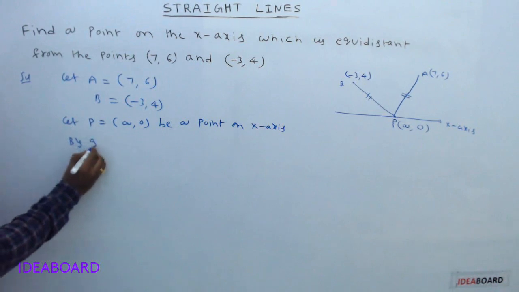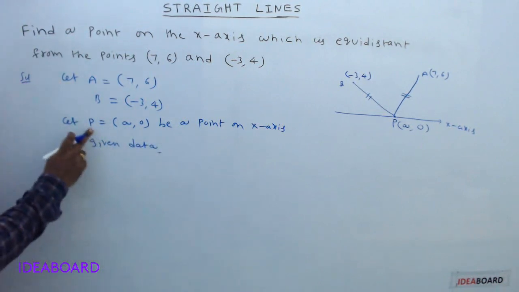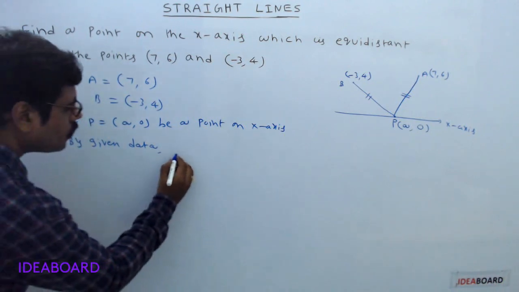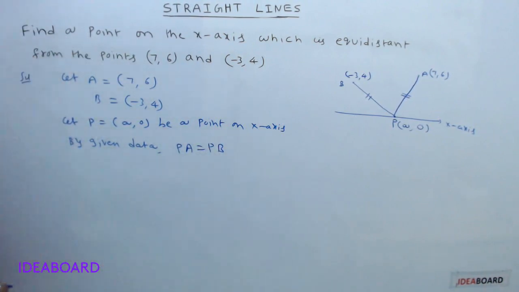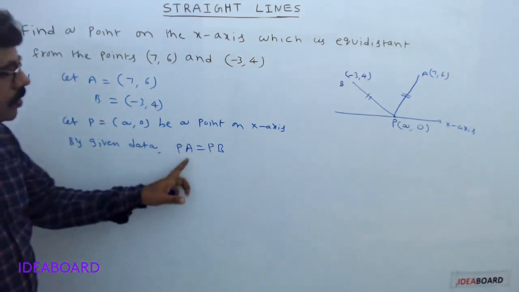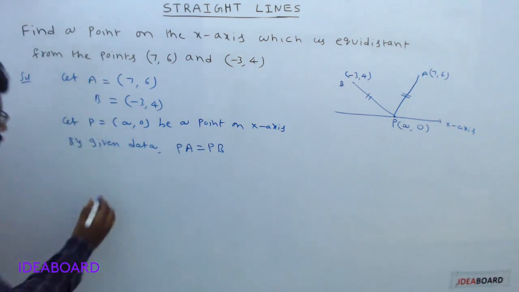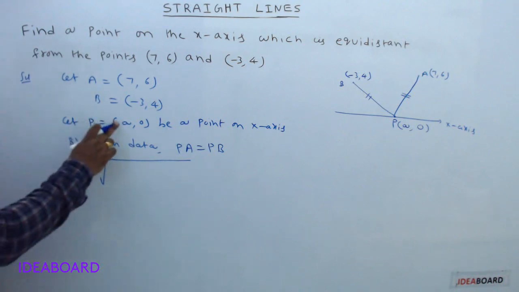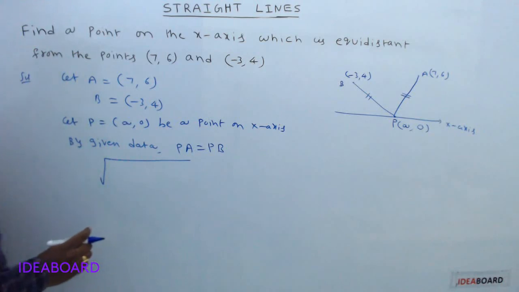By given data, this point P is equidistant from A and B. So use the condition PA equals PB. PA means distance between the points P and A. So it is square root of, apply the formula of x2 minus x1 whole square plus y2 minus y1 whole square.